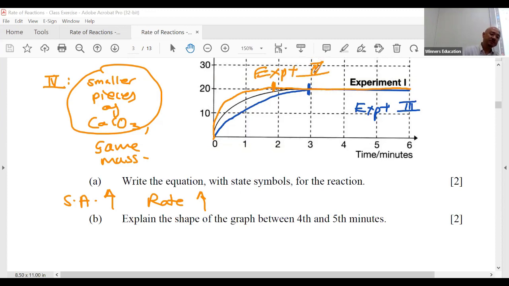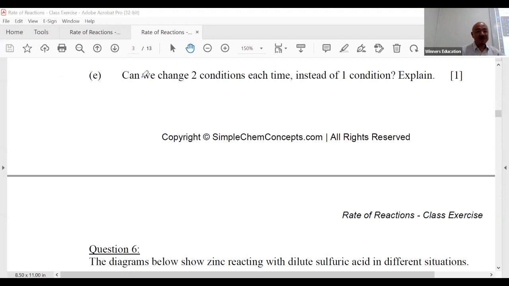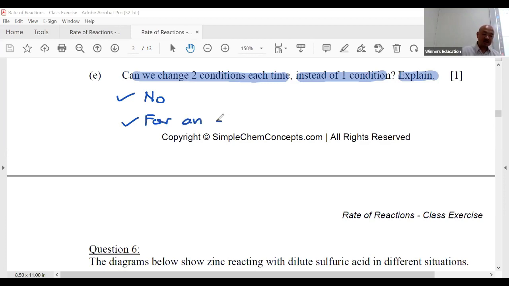Experiment 4, sorry. IV. Can we change 2 conditions each time instead of 1 condition? Explain. Primary 6 science, this is a standard question, and we give them the answer. Answer is no. All right, in all science experiment. And I will just regurgitate this, something along that line.